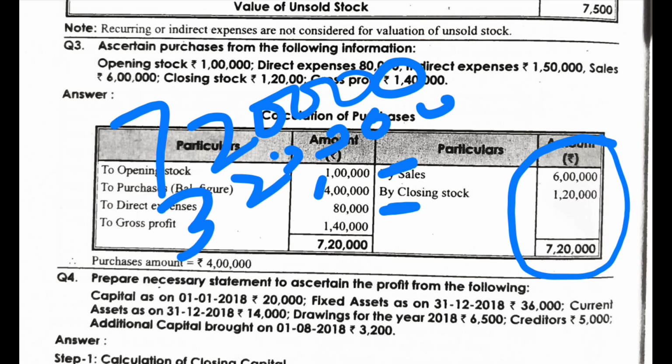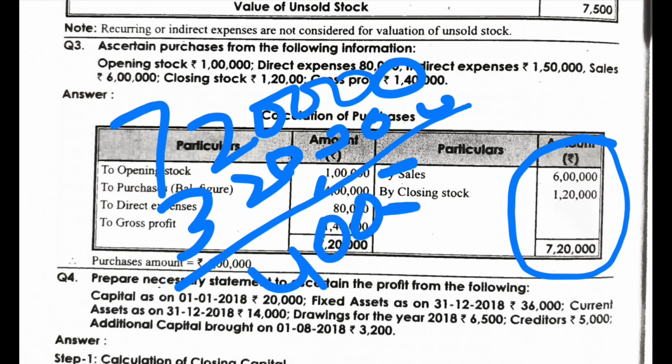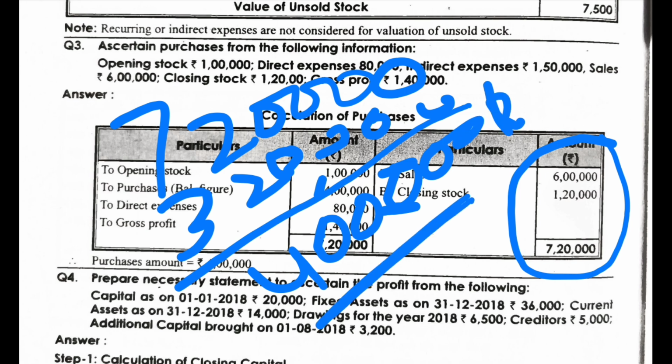Got it? Opening stock 1 lakh, direct expenses 80,000, gross profit 1 lakh, add these three. In this problem gross profit is also given. So after adding these three we get 3 lakh 20,000. So 7 lakh 20,000 minus 3 lakh 20,000, we get 4 lakhs rupees. This is the purchases amount.